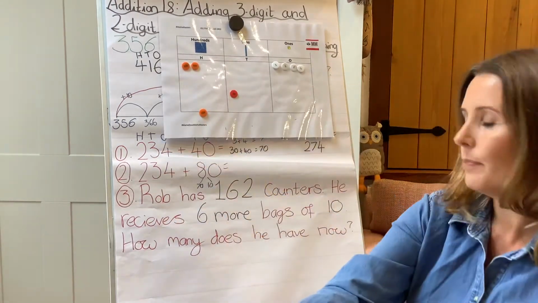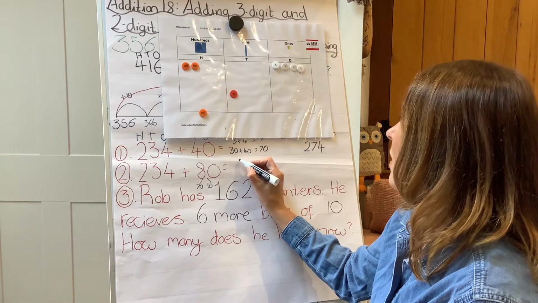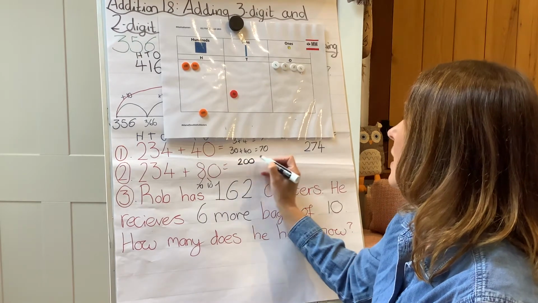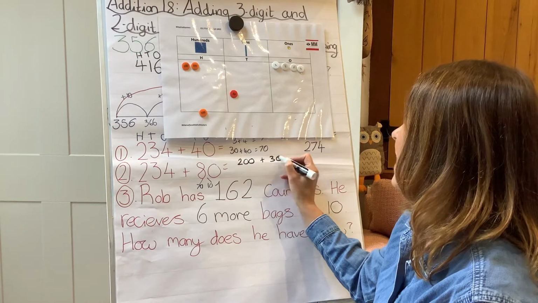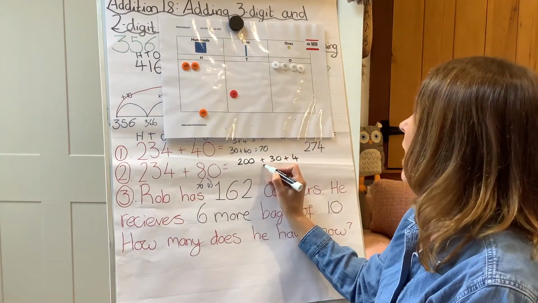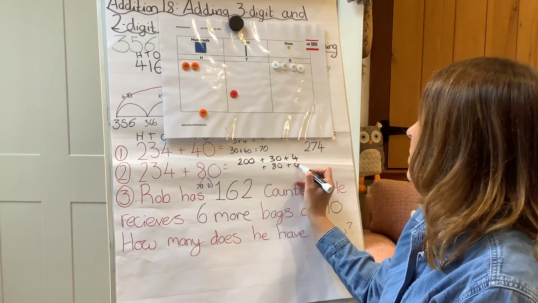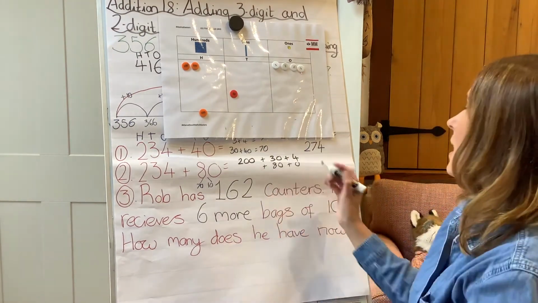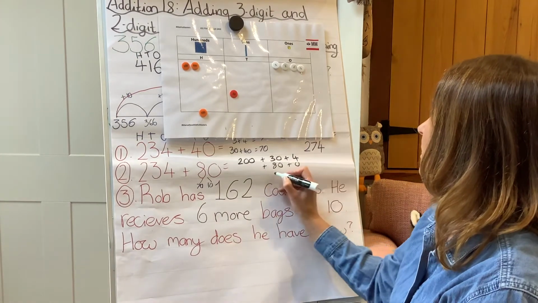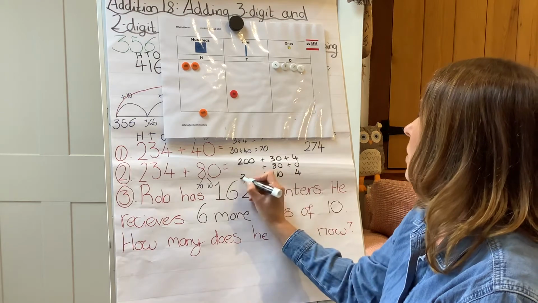So I can say we've got 200, add 30 and 4, partition that number like I did here. And then I'm adding on 80 and put 0 there. And then I can see that I've got 4, I've got 110, and I've got 200.